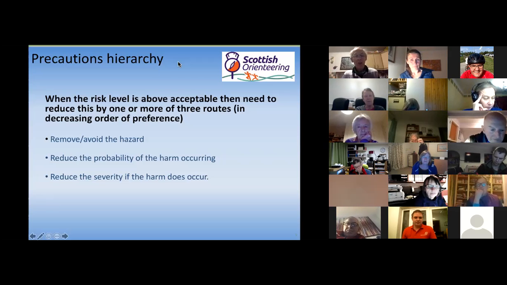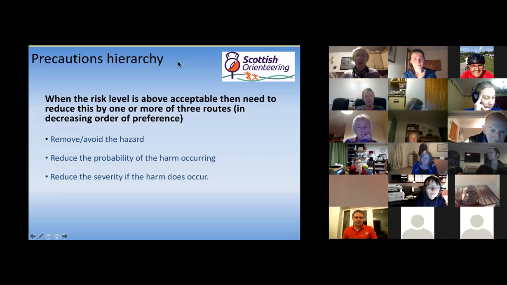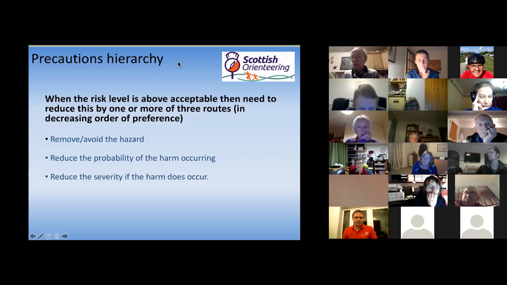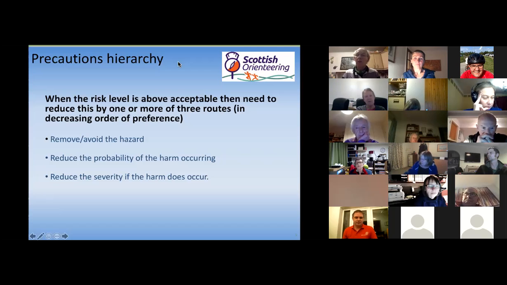And the third one, which is very rarely applicable, well, it is applicable in certain cases within orienteering, but generally you don't want to go there, is can you reduce the severity of the harm if the undesirable circumstance arises? The classic one for reducing the severity of harm is wearing a seatbelt. A seatbelt only comes useful if you're in a vehicle that's in a collision, and then it becomes extremely useful.